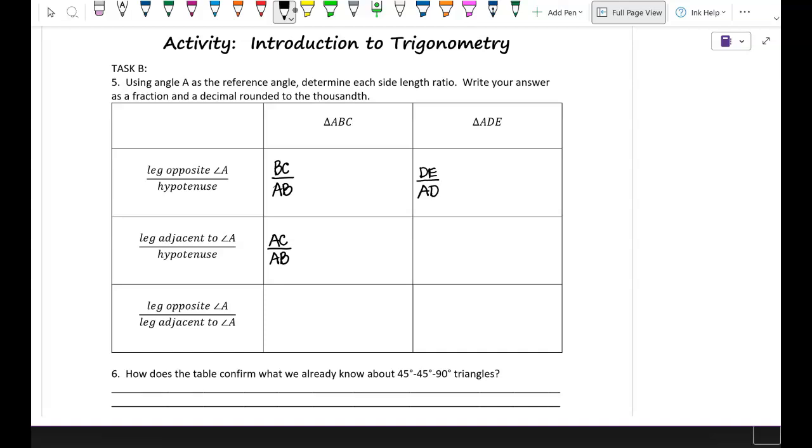For the smaller triangle, AE over AD. And then opposite and adjacent, we already found opposite and adjacent here. So that's going to become BC over AC.